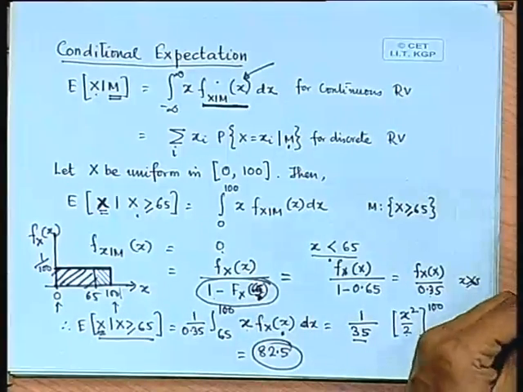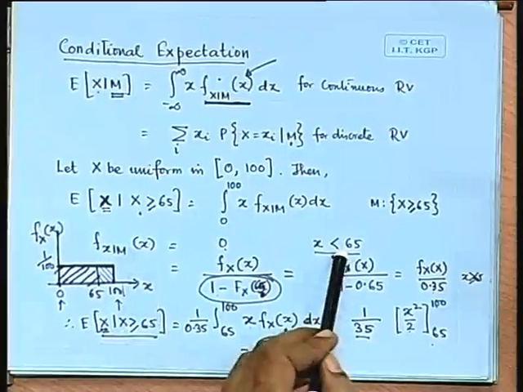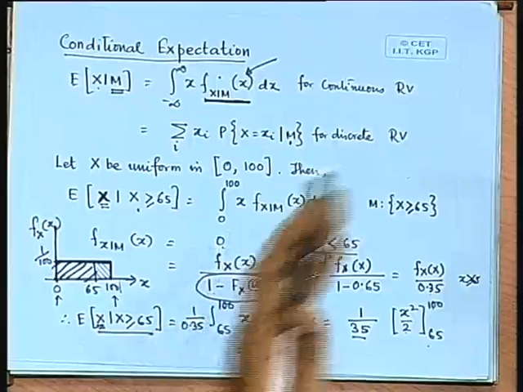Now what is the conditional density function given the fact that x is greater than 65? Since it is given that x is greater than 65, f of x when x is less than 65 is 0, because we cannot choose any person whose age is less than 65.